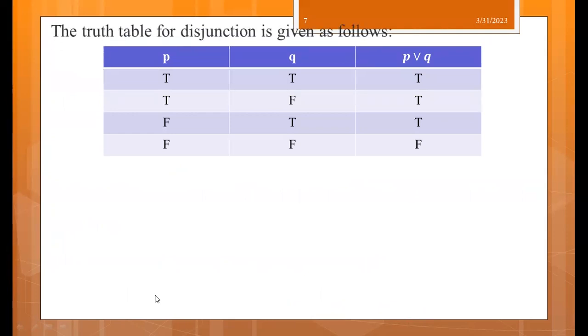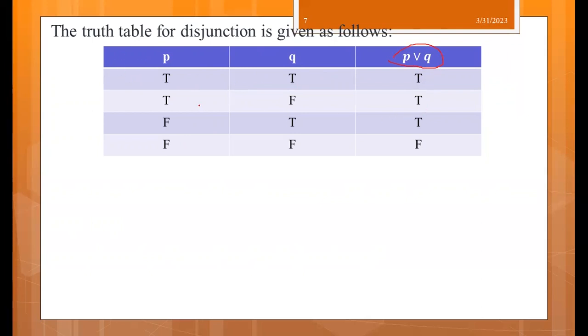Using a truth table, the possible truth values of this compound statement: first, both can be true. We have four possibilities because we have two component statements. The truth value of the logical disjunction will be true because in this case both P and Q are true.